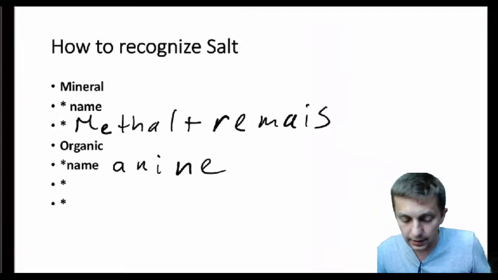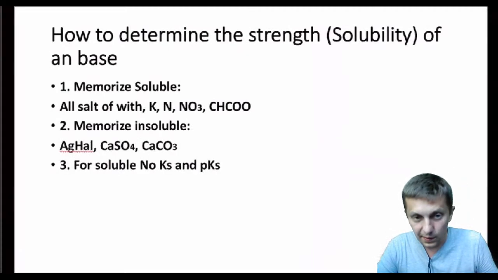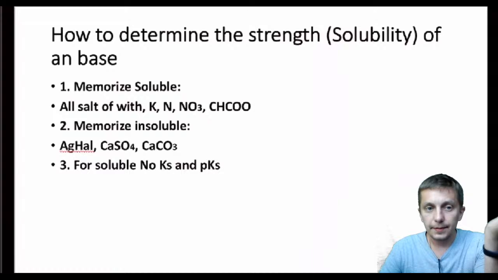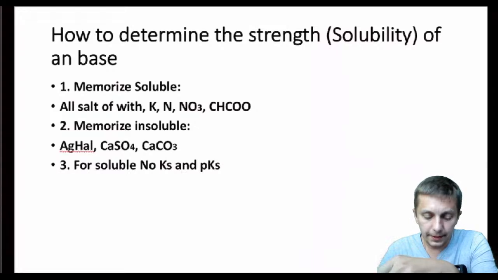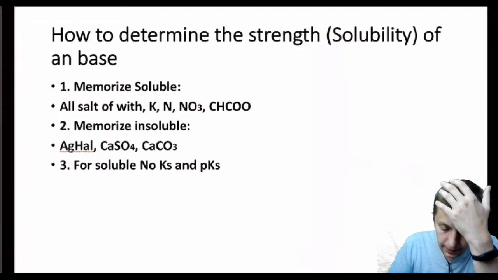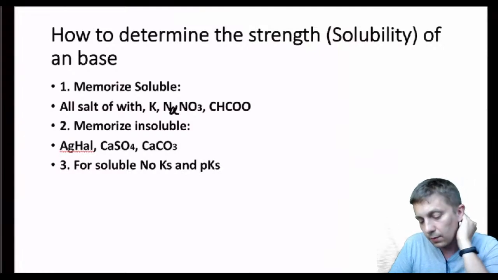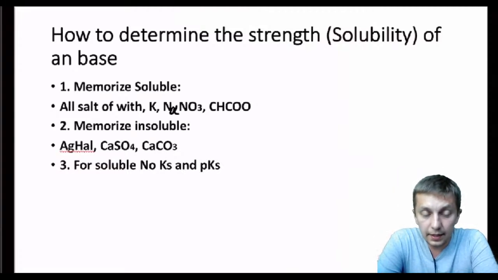With salt we also can recognize if it's a strong electrolyte or weak electrolyte. If a salt contains groups K plus, sodium, NO3 minus, HCOO minus, K and Na plus are cations, NO3 and HCOO are anions.